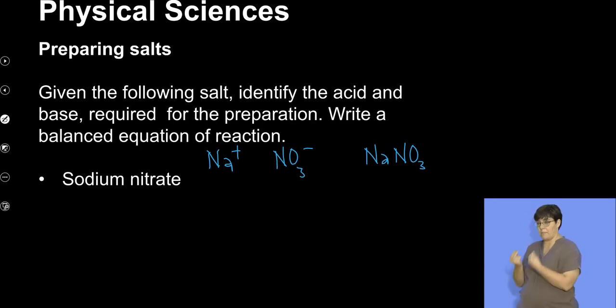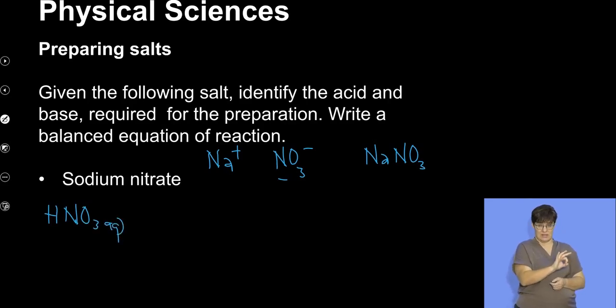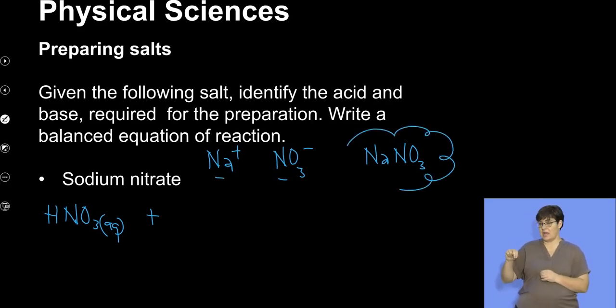So the moment we see nitrate, that's where we think about the acid. So the acid that contains that nitrate is actually nitric acid. Now again, chemical formula, nitric acid HNO3, okay? Yes, right? Which is a strong acid, plus a base that contains sodium, because the salt is sodium nitrate. So this is the formula of the salt. This is what actually guides us, right? So what do we have here?